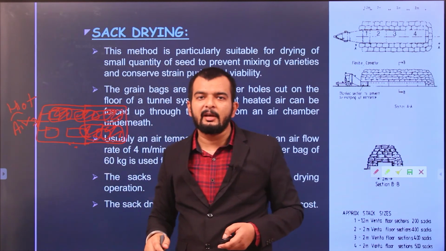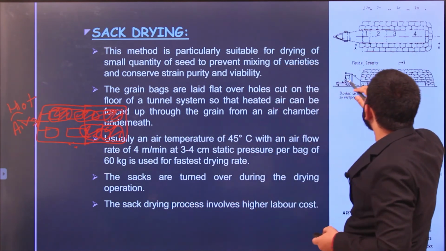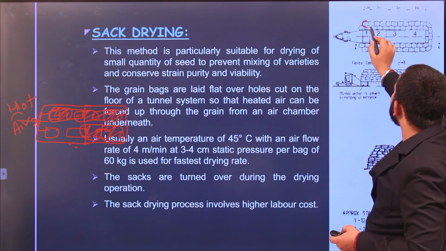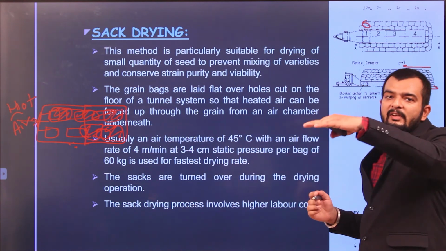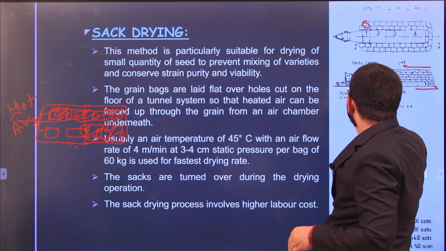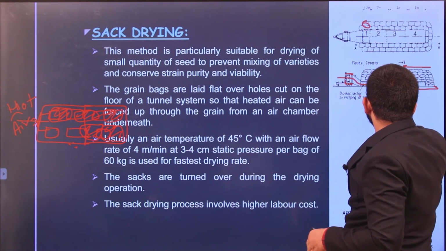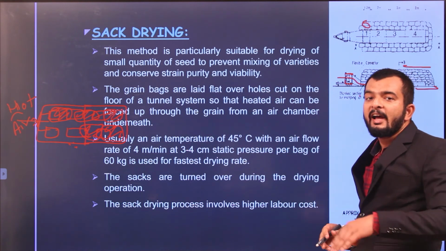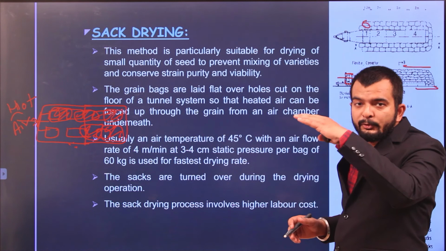As you can see here, these are the tunnels over which sacks have been laid, up to 5 to 6 layers of sacks. Through this tunnel hot air is supplied, and it will rise through the holes over which the sacks have been laid and pass through the sacks.